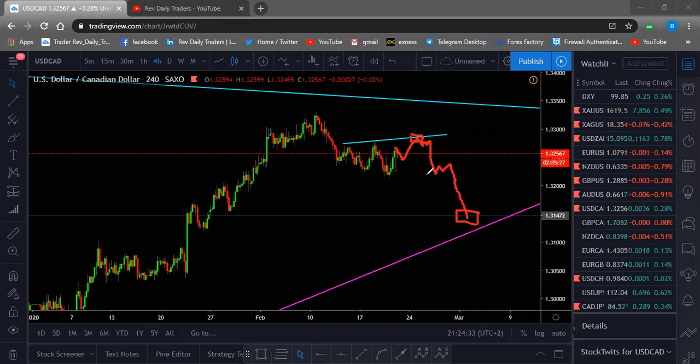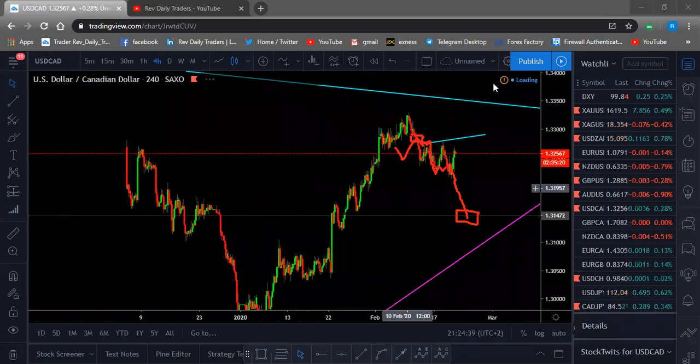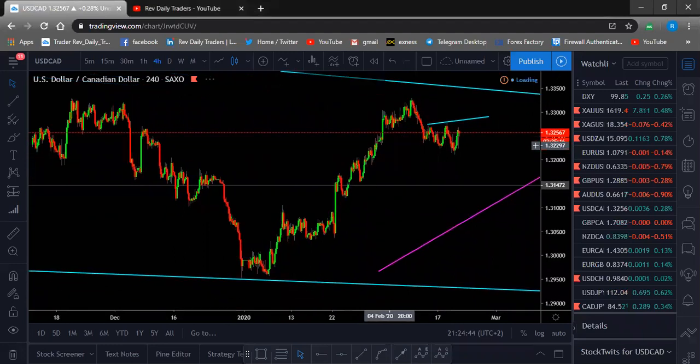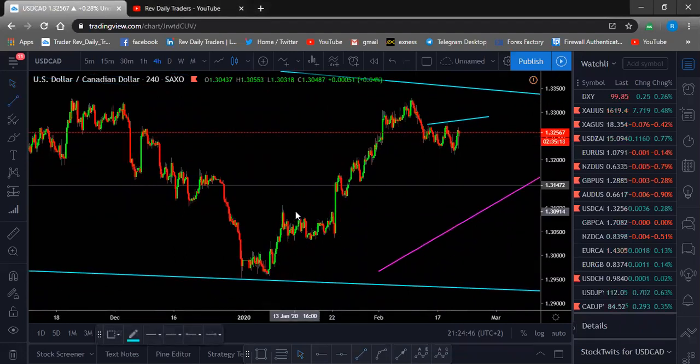So we might have now, if we squeeze our chart, we might have a correction like this.